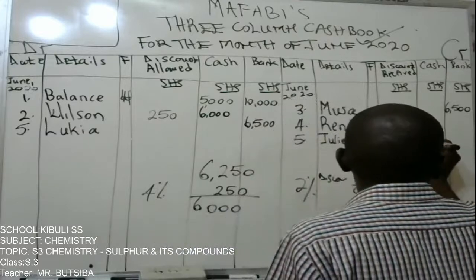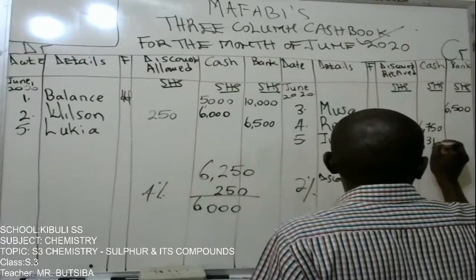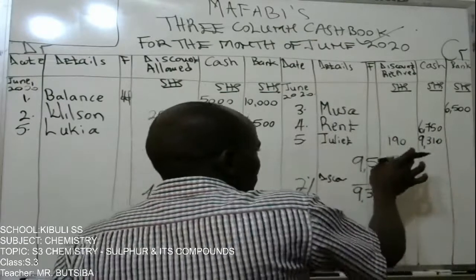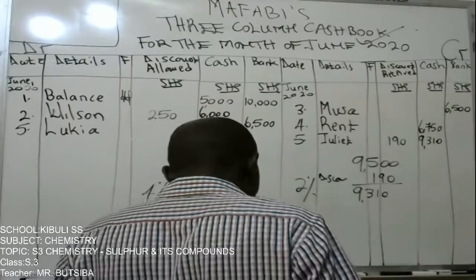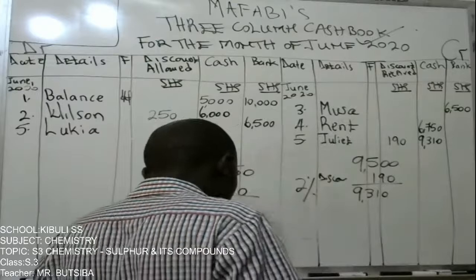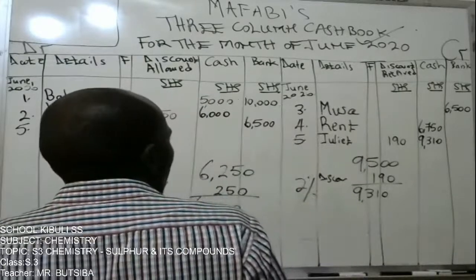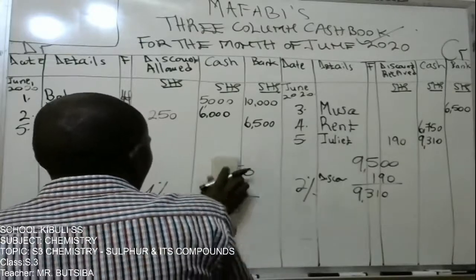Implying that the actual money we paid to Juliet was 9,310. So that when you add 9,310 plus 190, it goes back to 9,500.